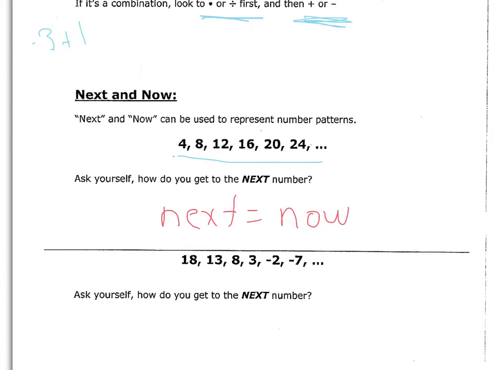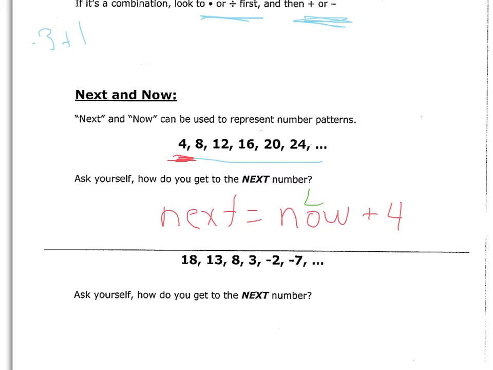So let's say we're at 4 right now. We have to take our next number, and that's going to equal our number now plus, or whatever your pattern is. For example, on this one, we're adding 4 every time. So your next number equals the number you're at now plus 4. If you take the number you're at now, let's say it's 4, and you plug that in where the now is, let's use green.